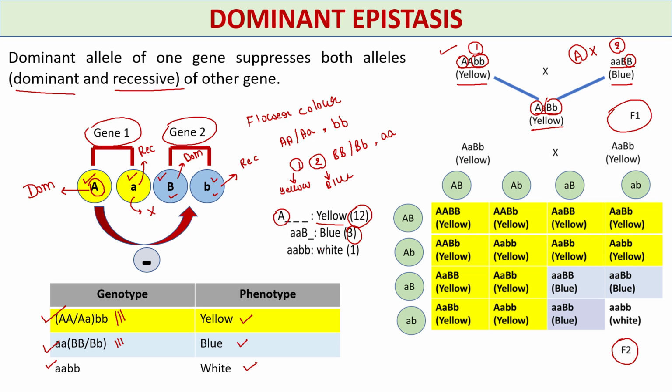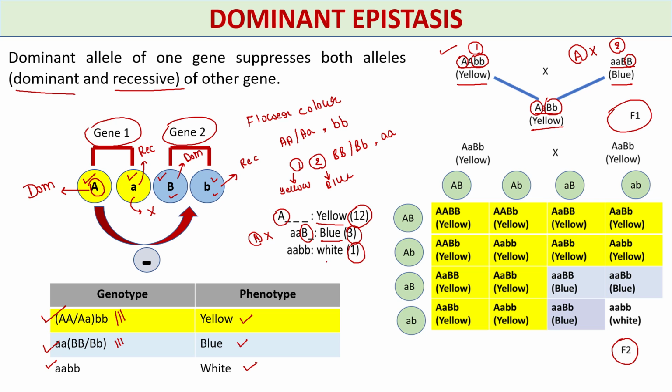3 flowers are blue. If allele capital A is absent and at least one capital B allele is present, the color will be blue because allele capital A is not present to suppress the capital B allele.